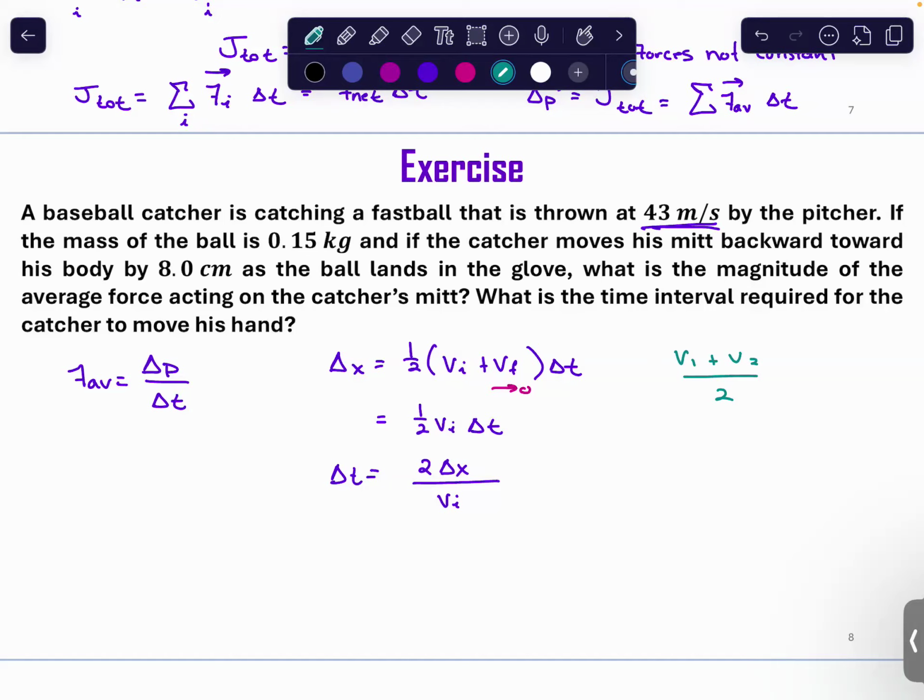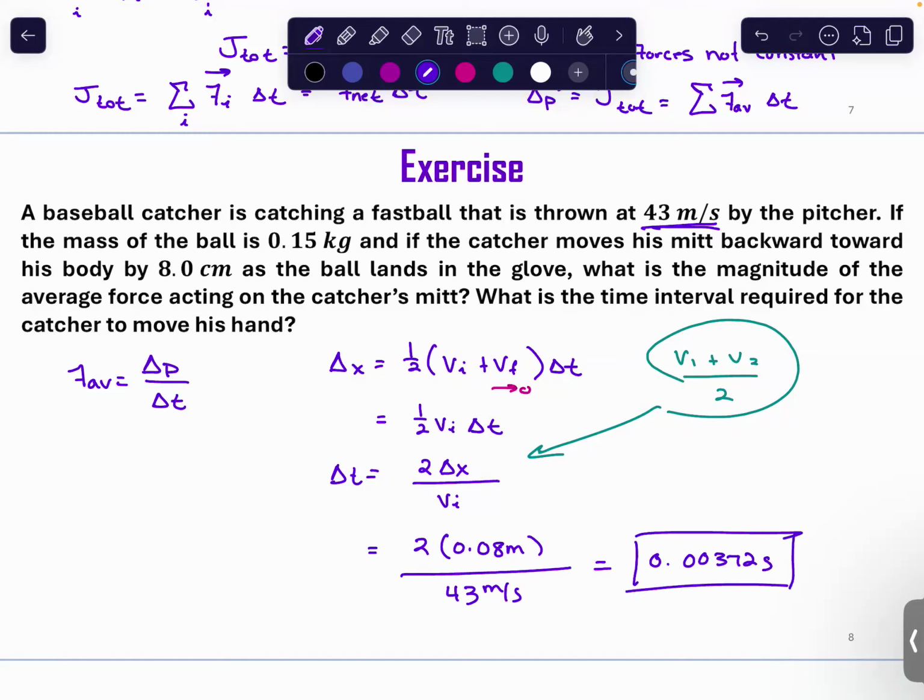So we would put in 2 times delta x, 0.08 meters, over 43 meters per second, and we get a delta t of 0.00372 seconds.